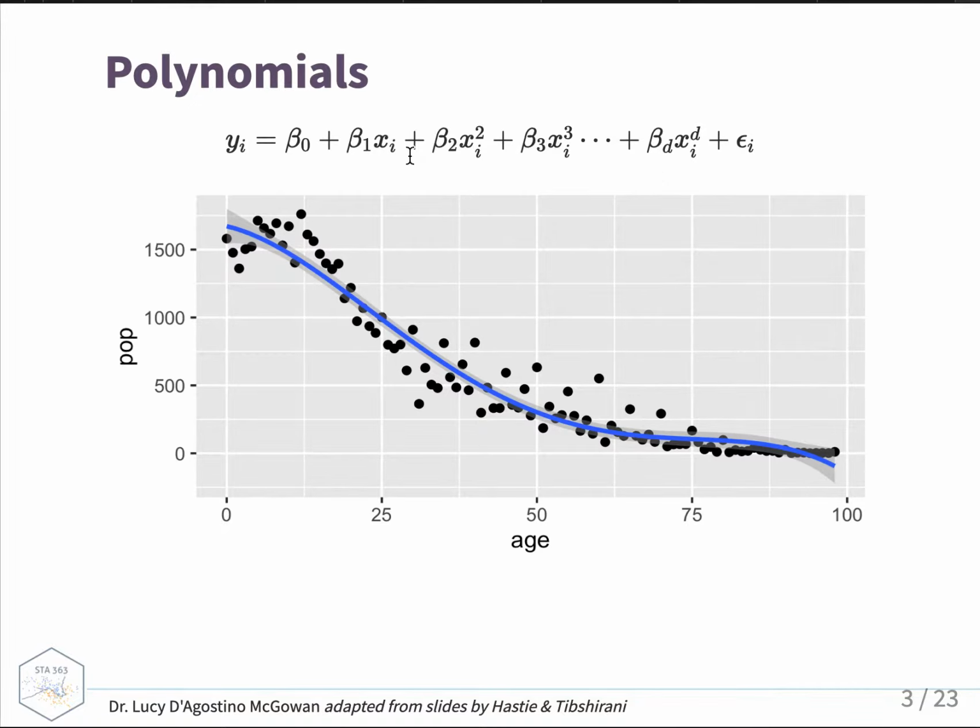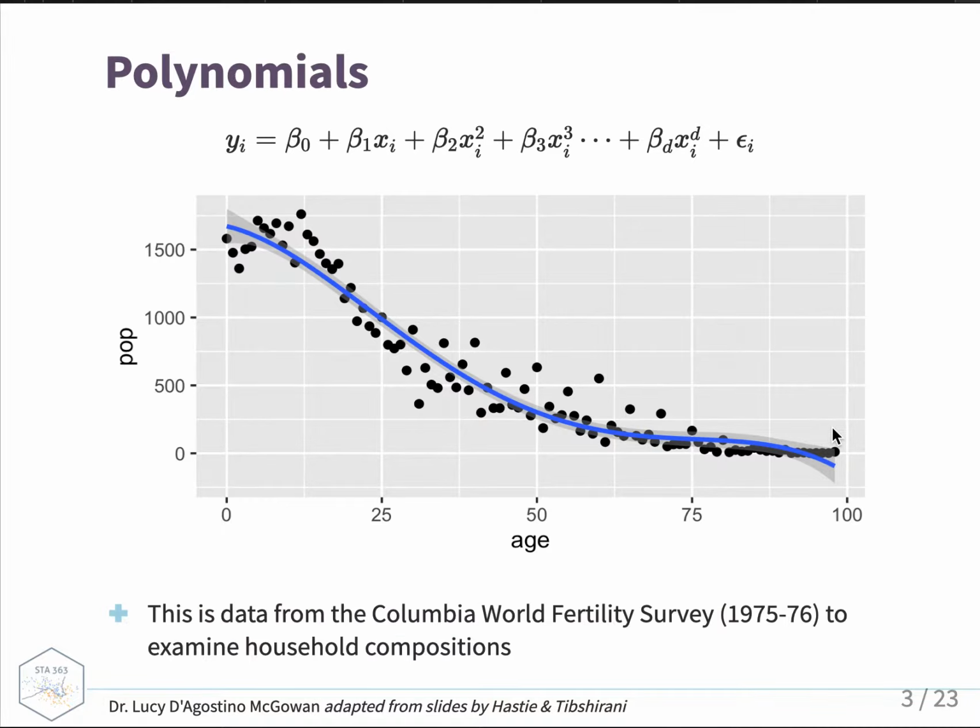We can look at x squared, x cubed, all the way up to x to the d power. That's what this picture is showing: as we increase the degree of polynomial, we're fitting a more and more flexible model. And that's what you saw in that lab, where you were doing cross-validation and picking the polynomial degree appropriate for the relationship between horsepower and miles per gallon.